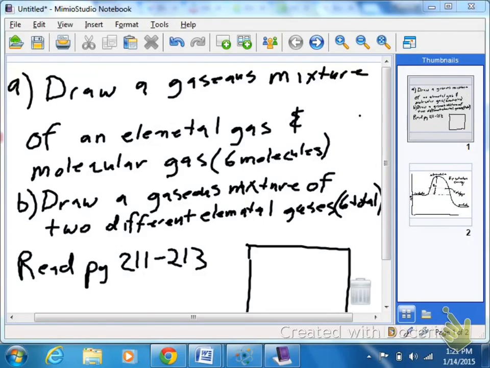We know it's a mixture because you've got two or more different substances mixed together. Did I do that right? The second one, not so much. First one's close. You're getting parts of it.